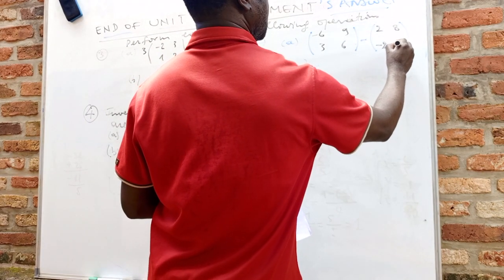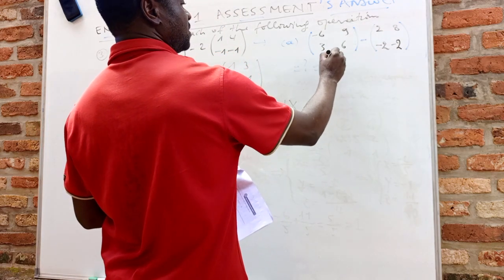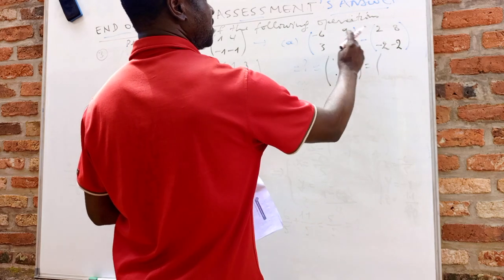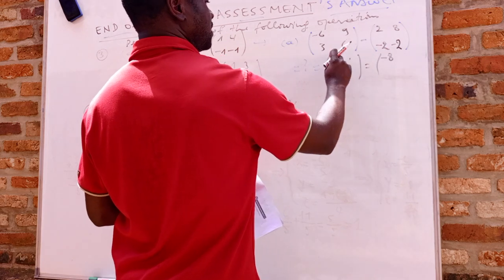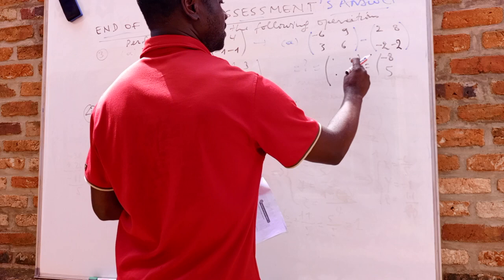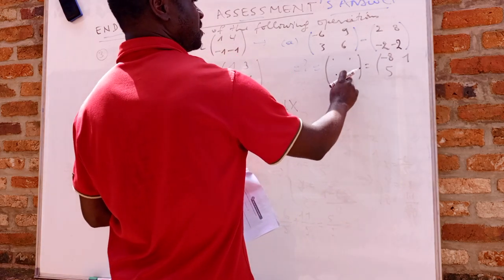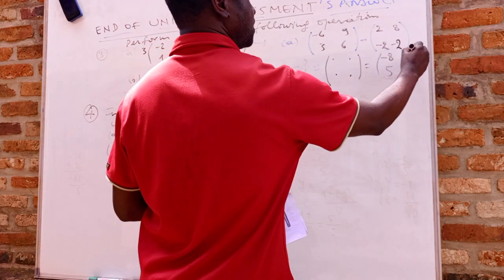Then we make a subtraction and find this will be a 2 by 2 matrix also. This element, negative 6 minus 2 is negative 8. This element, 3 plus 2 is 5. This element, 9 minus 8 is 1. This element, 6 plus 2 is 8.